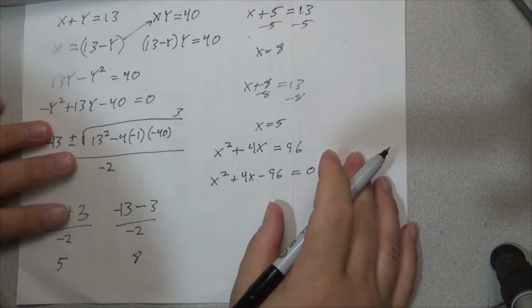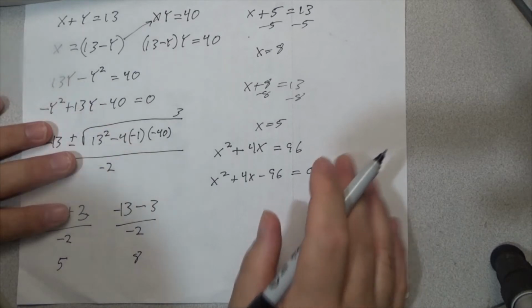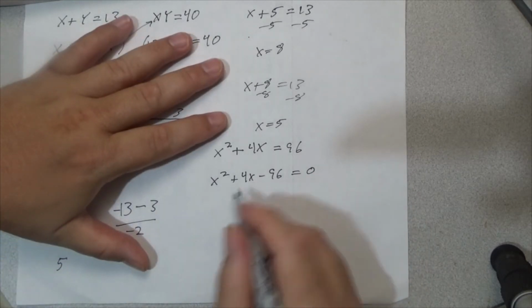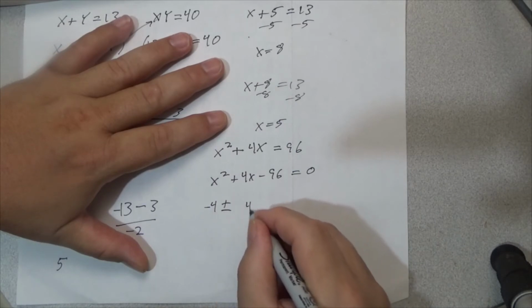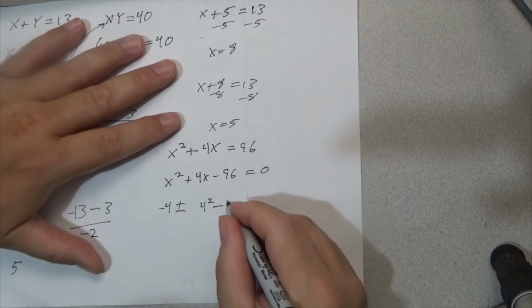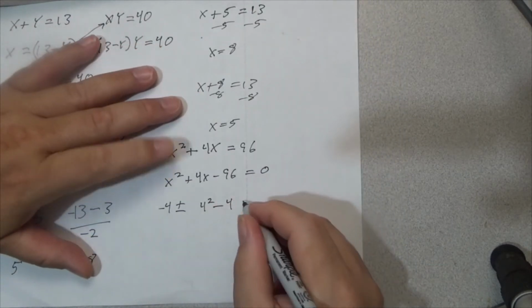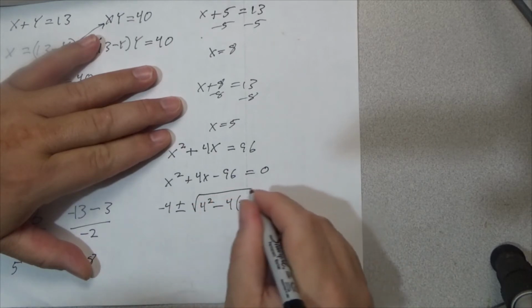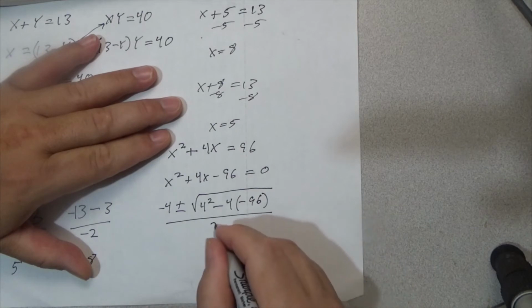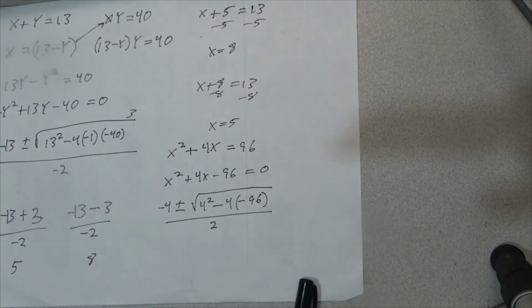The sum of the square of a number is increased. Yep. So that means we have minus 4 plus or minus the square root of 4 squared minus 4 times 1 times a negative 96, all divided by 2a, which is just going to be 2. Once again, let's take a look at the radical.